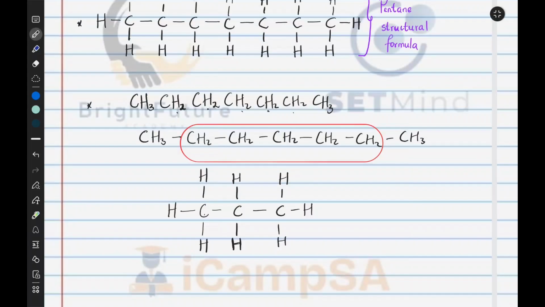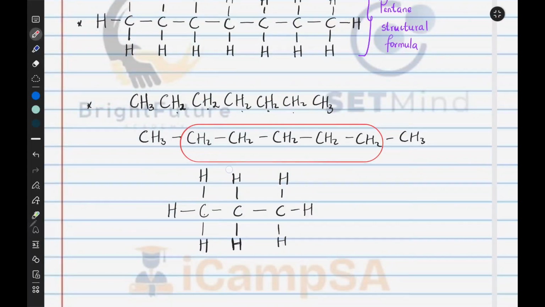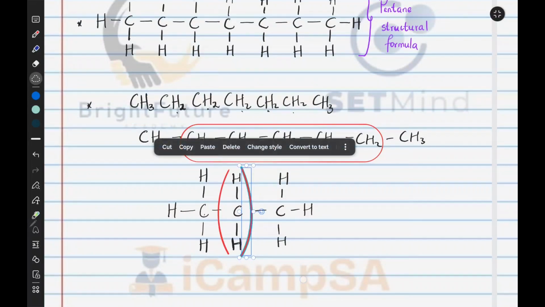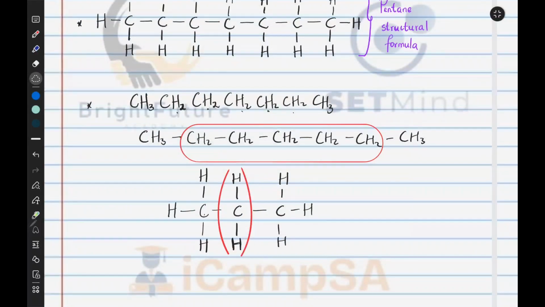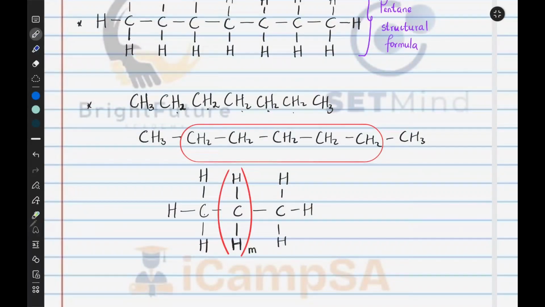So what we do is take the repeating part and put brackets around it. When you're doing it, you don't have to change color; I'm just doing it to show you that it's repeating, and in an exam you wouldn't have to. Then we write M, which is a number showing how many times the CH2 repeats.